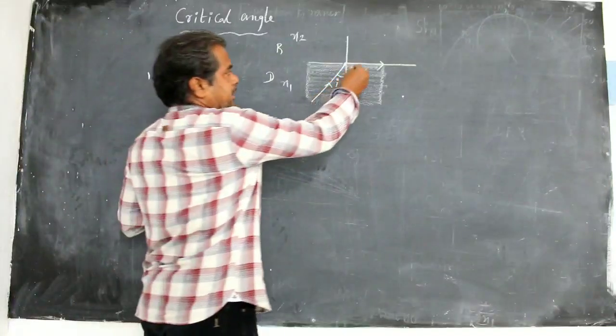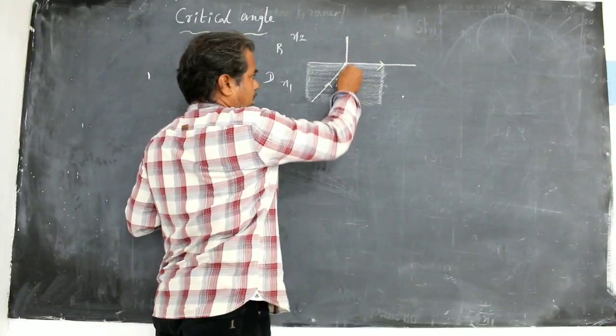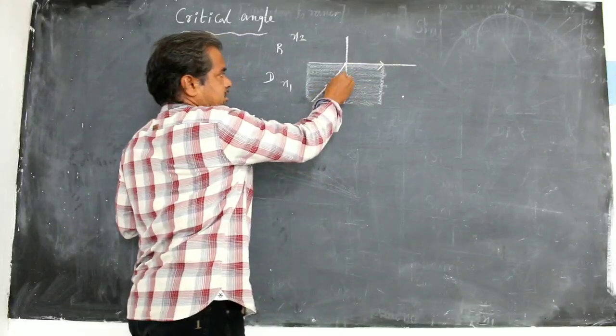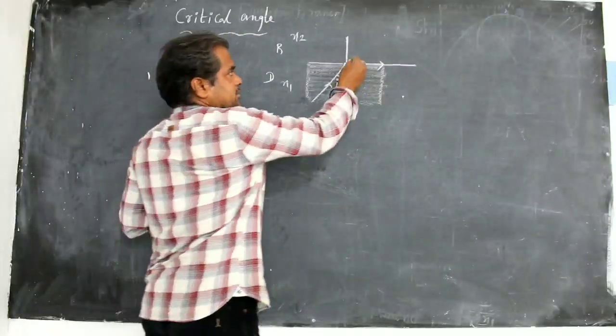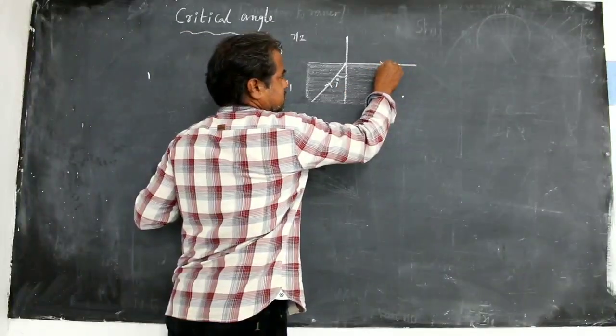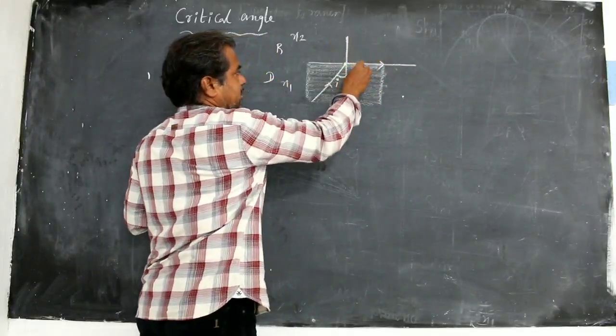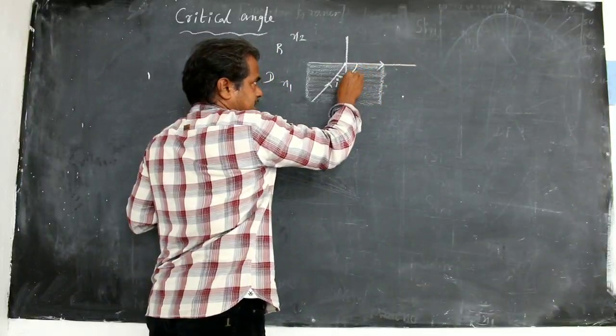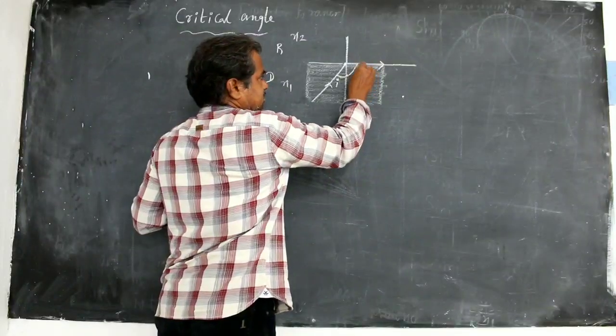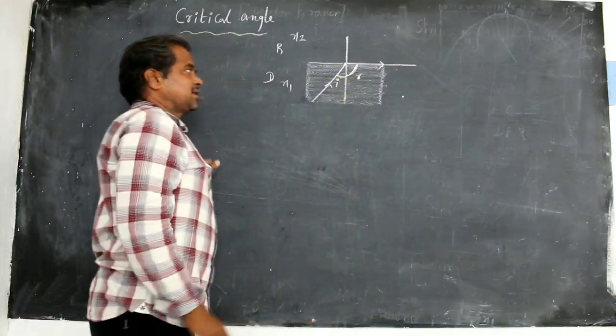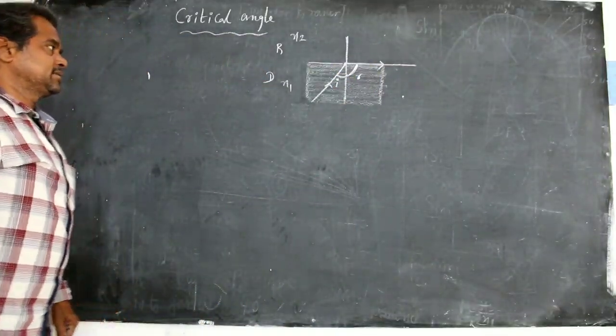So here the angle between normal and incident ray is called incidence angle. The refracted ray grazes through the interface of two media, so this angle is called the refraction angle. The value of this angle is 90 degrees.